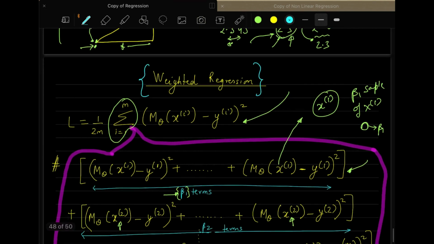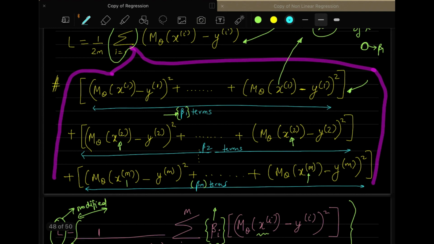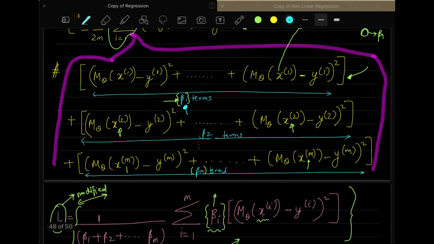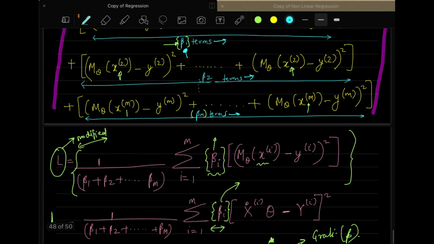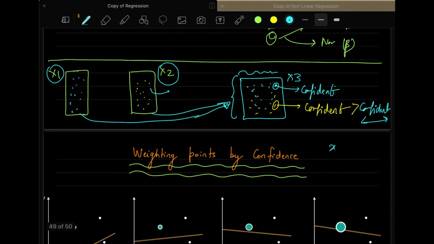And by saying confidence, now your beta 1 to beta m are the confidence terms, because we are scaling the values of x1 by beta 1. So they are acting as a confidence. Let us say x1 is more reliable than x2.